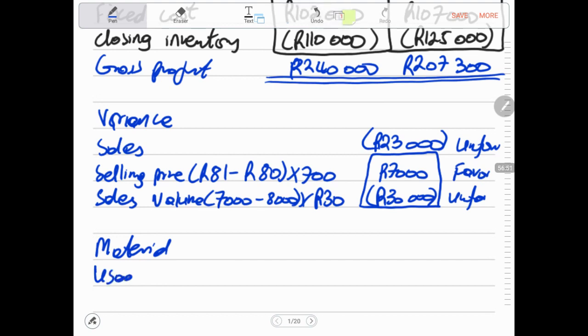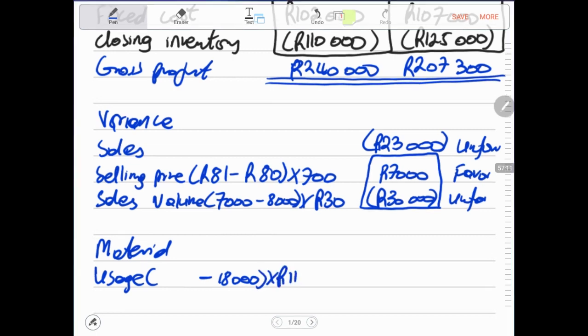Material usage will be standard quantities minus actual quantities used, and actual quantities used I think was 18,000. Then multiply that by the standard price of 11 Rand. Let me just check my standard quantities.